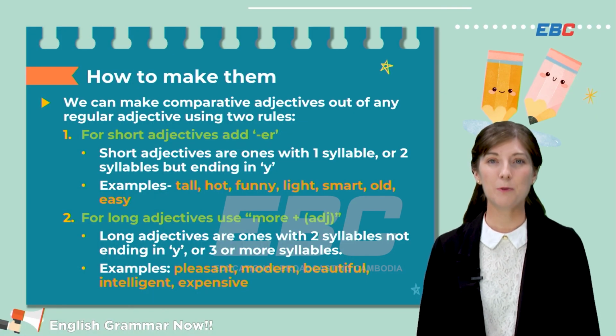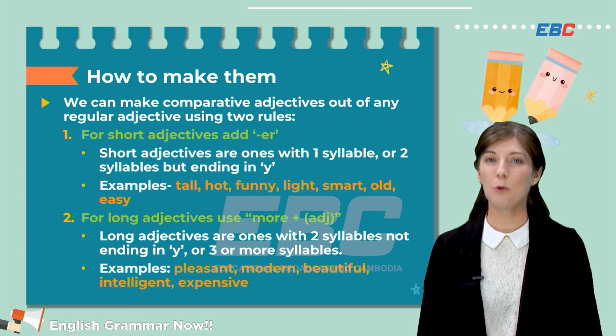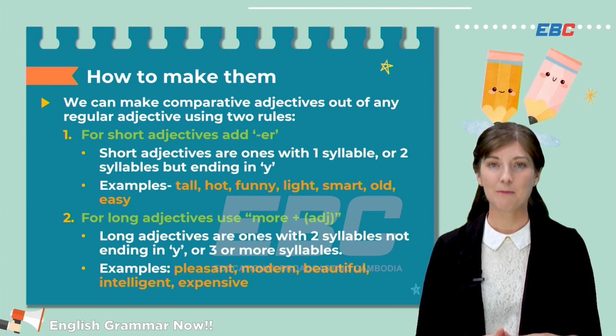So, how do we make a comparative adjective? Well, the good news is the rules are pretty simple. We can take any normal adjective and change it using one of two rules. The first rule is, if it's a short adjective, we add ER at the end.